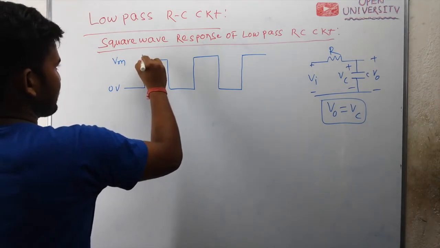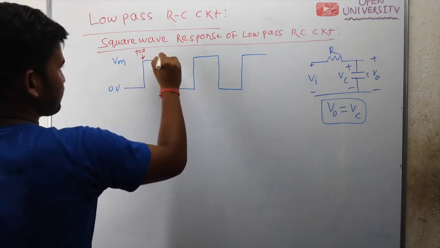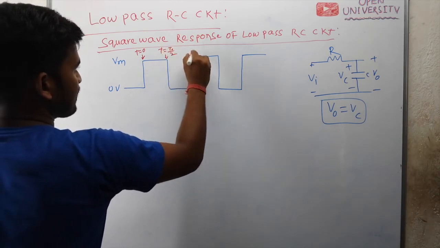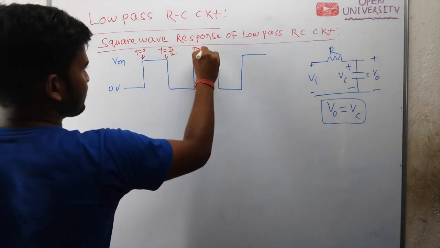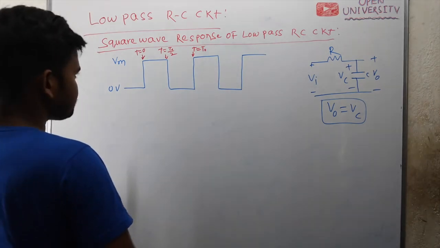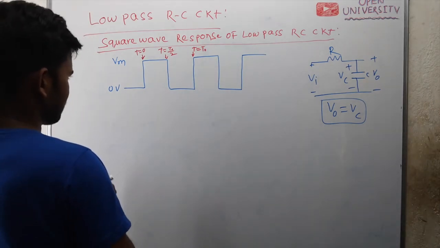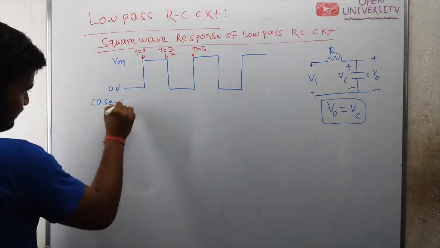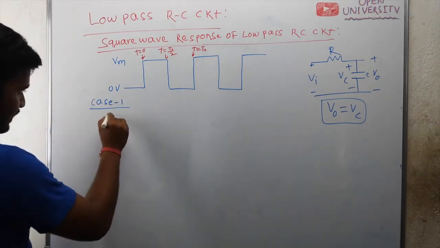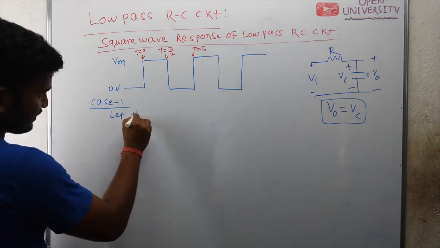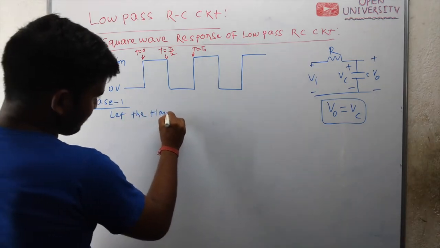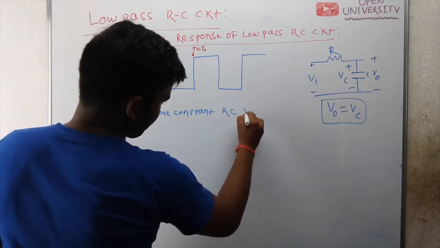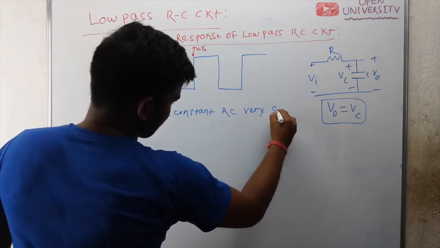Let at this point t equal to 0. At this point t equal to t0 by 2. At this point t equal to t0. Now case 1, let the time constant RC be very small.